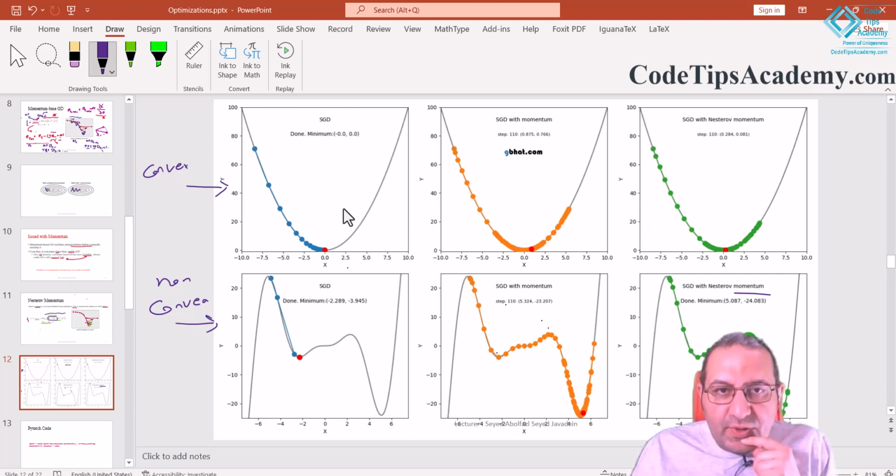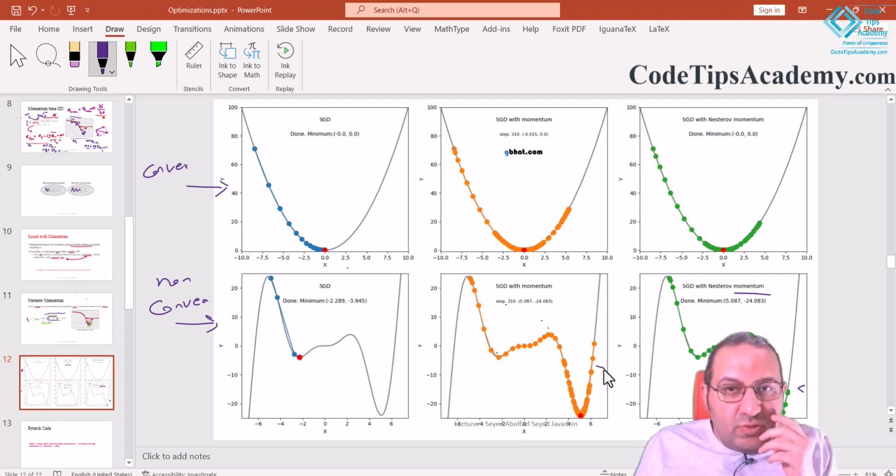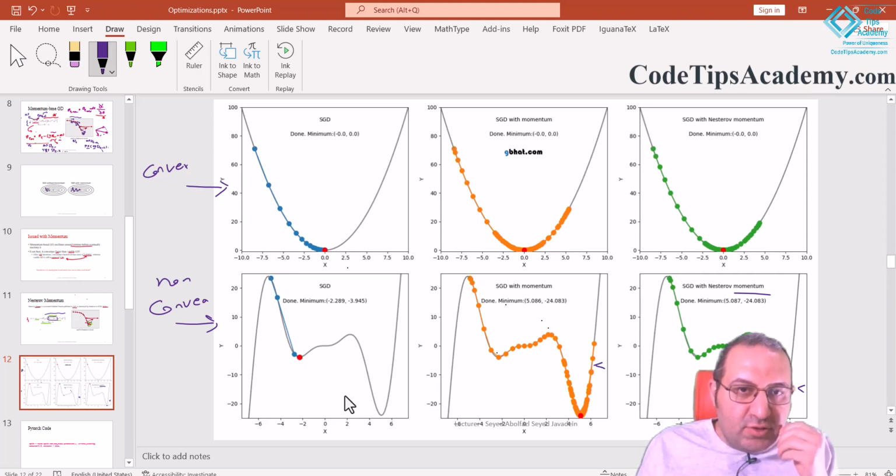You can see here SGD using standard momentum, and this column is Nesterov momentum SGD. Nesterov momentum SGD has less oscillation to reach the global minimum, and standard momentum has some oscillation to get to the global minimum.